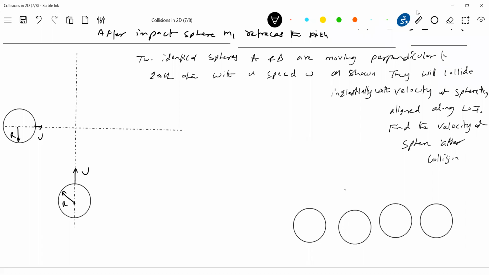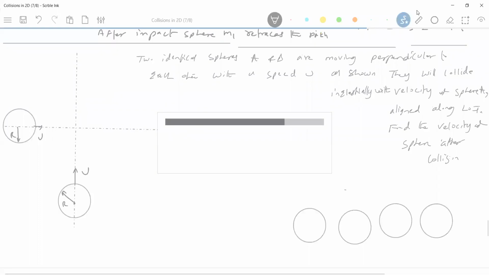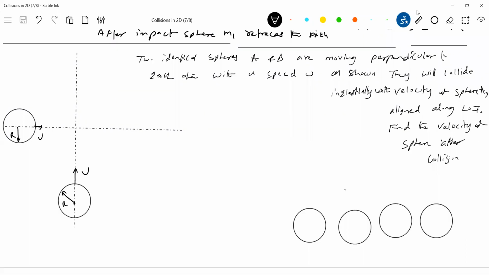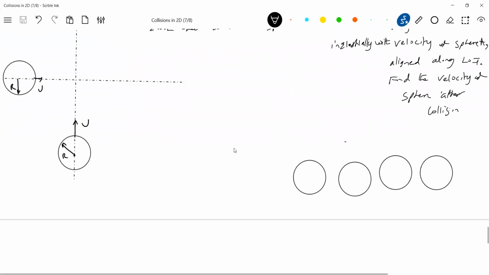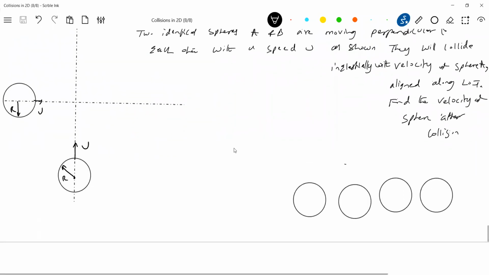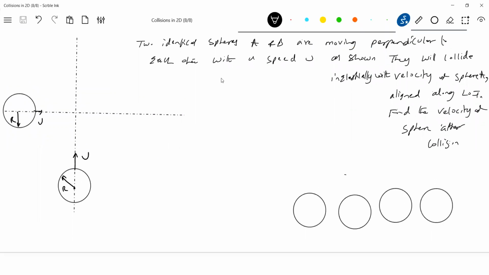I think when you are drawing the diagram, this condition is what you have to remember. It's all about diagram-based questions.